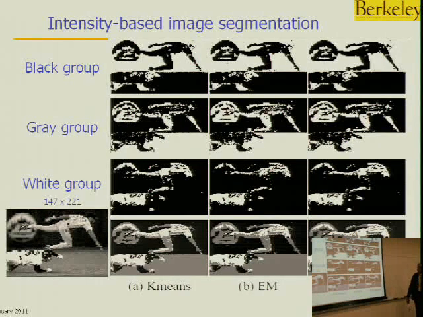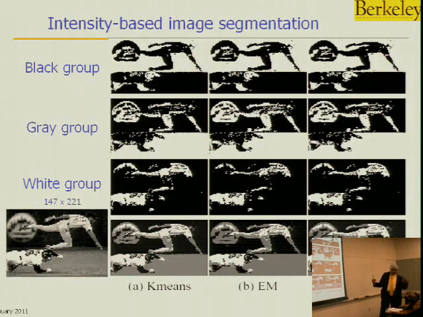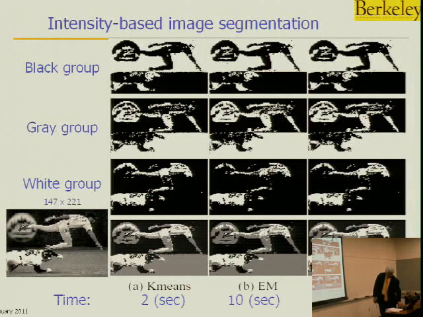This is what you get from the first two, k-means and expectation maximization, whereas this technique that I told you about, this polynomial segmentation, is comparable. In detail, it does somewhat better at places close to the person's fingers and so forth, but they're all roughly comparable.